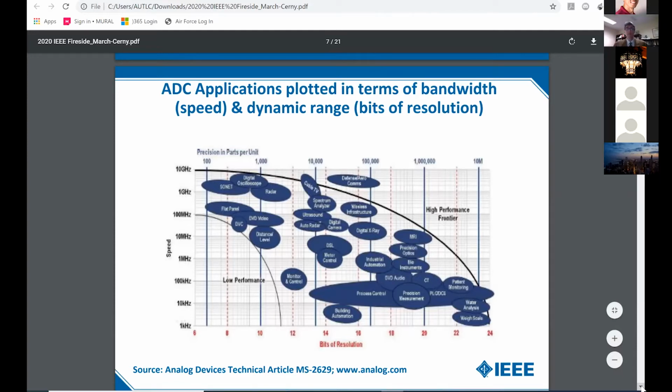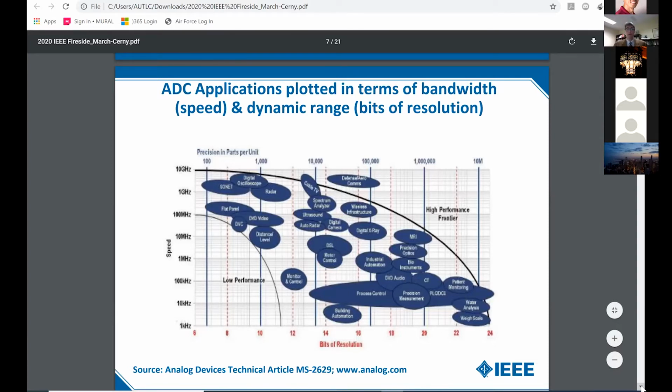What you want to take away from this particular view graph is that some applications require much more resolution, which is on the x-axis, so determined as number of bits, and we'll get back to that in just a minute. But then also how quickly that needs to be done, or possibly how much bandwidth is required.